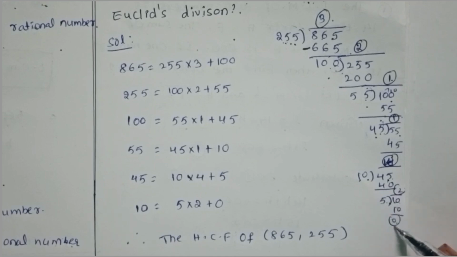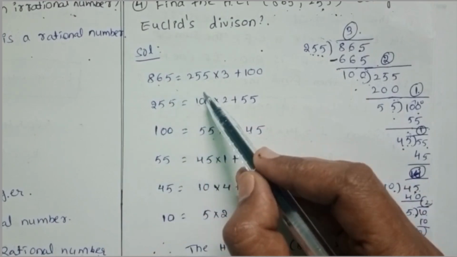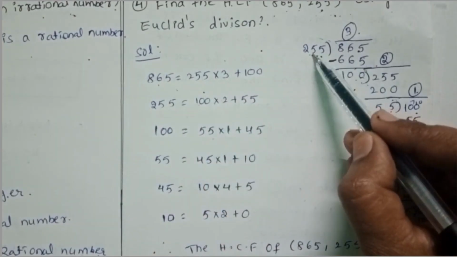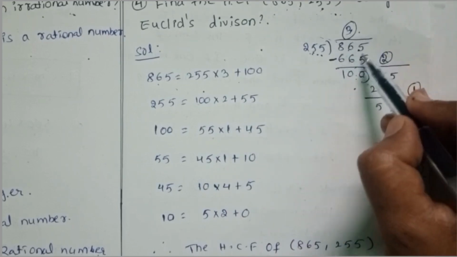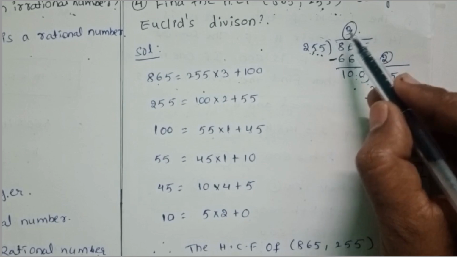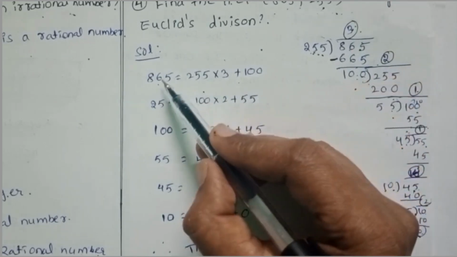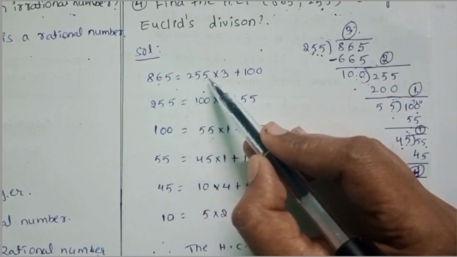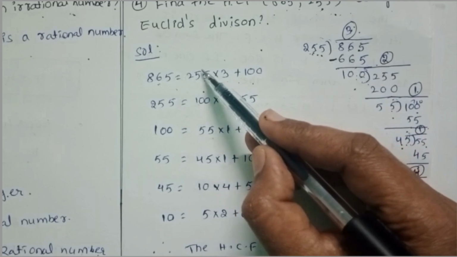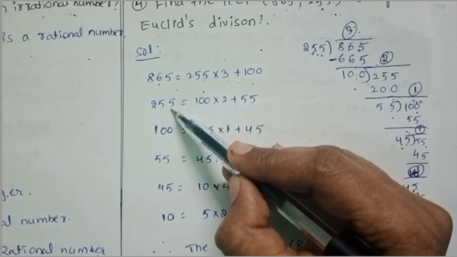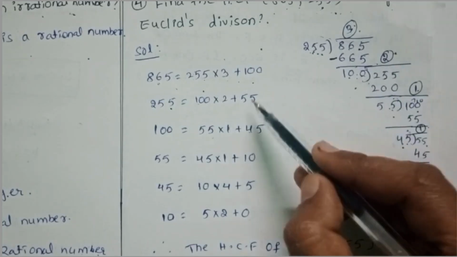Then stop the division. Then write like this: 865 is equal to 255 into 3 plus 100. Why? We know one rule: dividend is equal to divisor into quotient plus remainder. Like that, 865 = 255 × 3 + 100, and again 255 = 100 × 2 + 55.